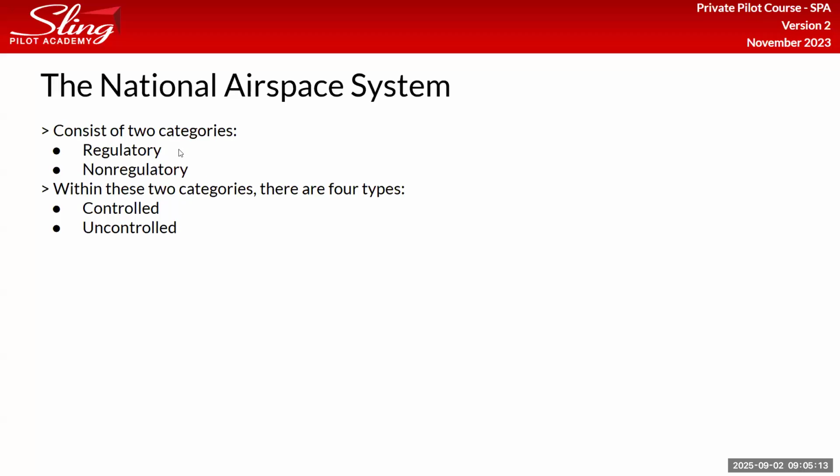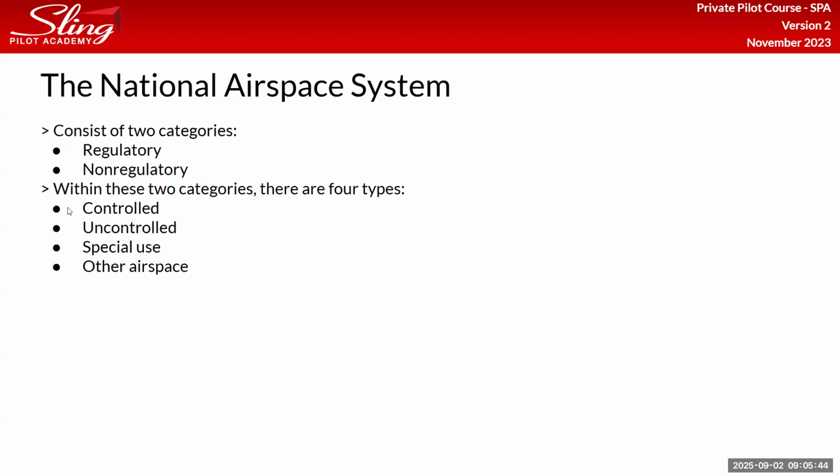So under those regulatory and non-regulatory parts of the airspace system, we have 4 types of airspace: controlled, uncontrolled, special use, and other airspace. Controlled is going to be when we talk about Alpha, Bravo, Charlie, Delta, etc. And prohibited areas are under controlled. Uncontrolled is going to be Golf, and then special use airspace is going to be under non-regulatory as well.